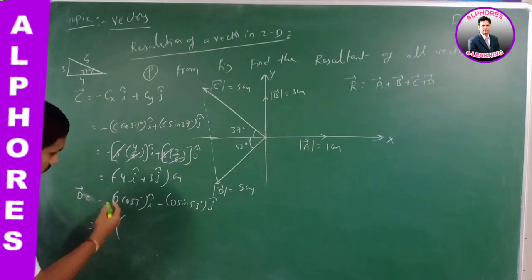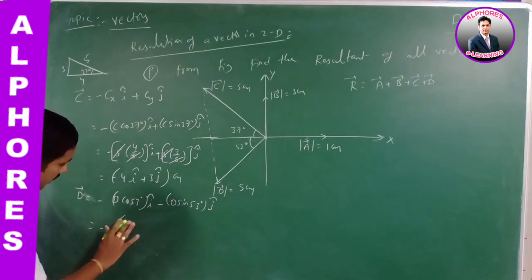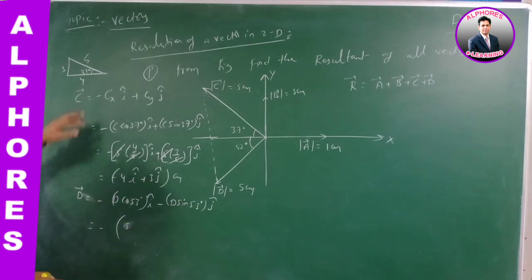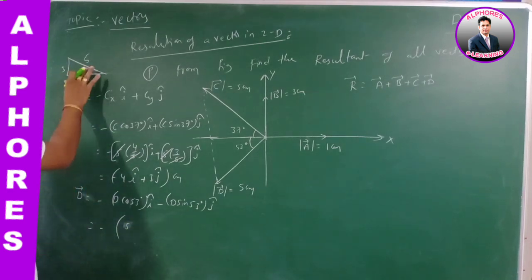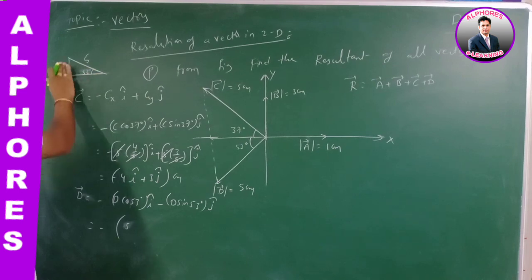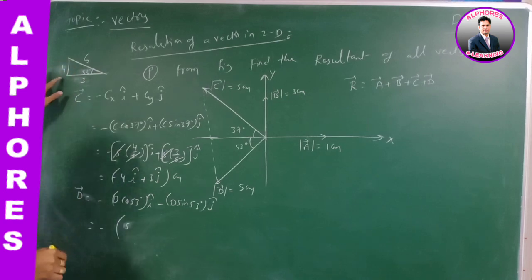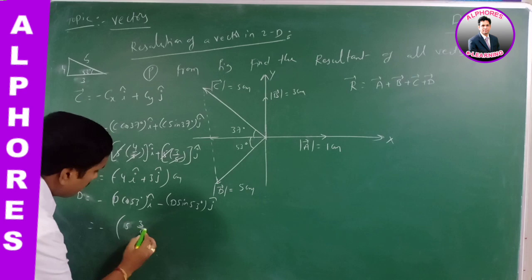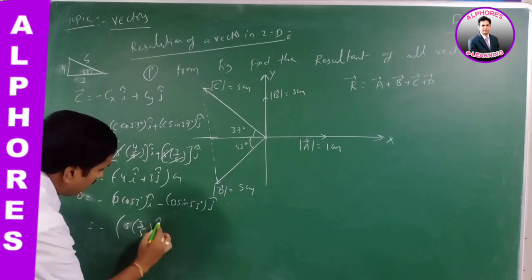What is the value here? Minus of d value, let us say 5 into, so reverse it. 53 means how much is it? For example, if I am taking 53 degrees here, these values are reversed. It means 4, this is 3. So from this diagram only, what about the value of cos 53 here? 3 by 5, 3 by 5 into i cap.